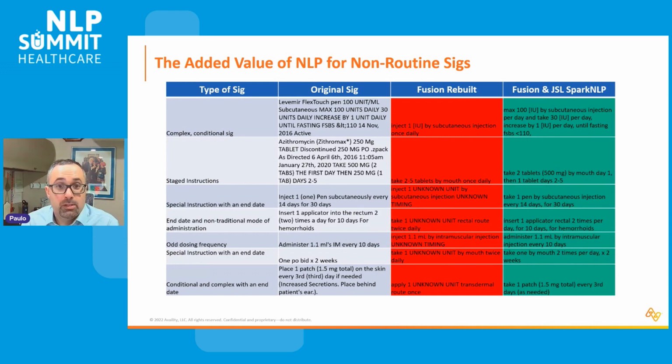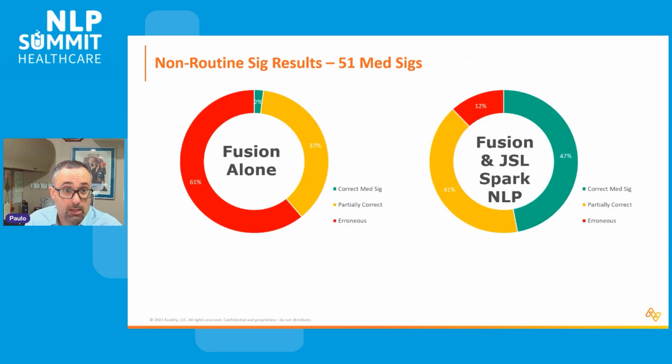So by and large, the addition of the John Snow Labs solution to Fusion enhanced the accuracy of parsing of these medication instructions that were more complex. If you look at the 180 solutions, we did fairly comparable on the simple and the routine instructions.